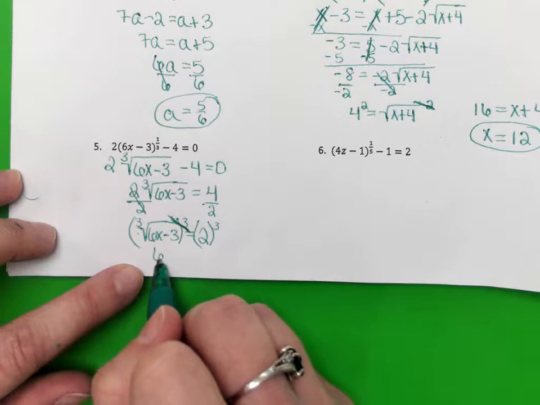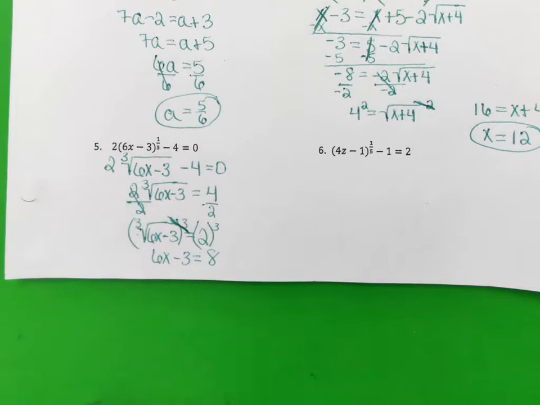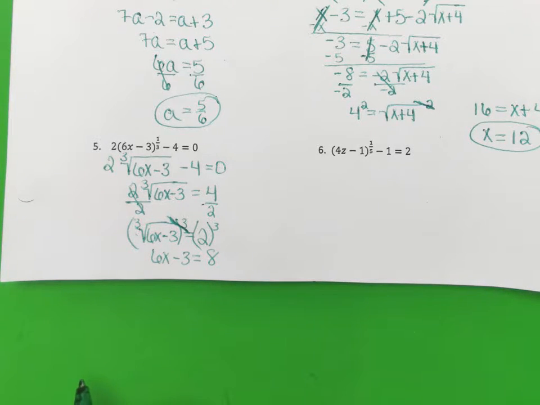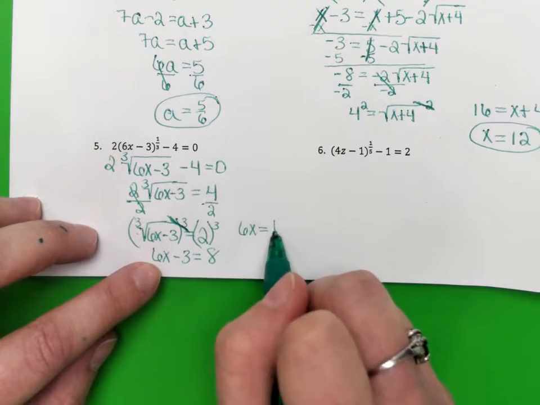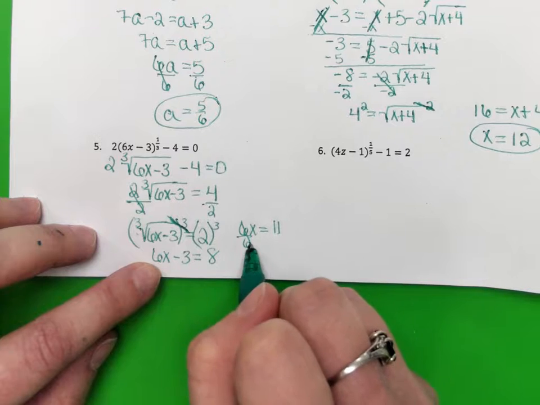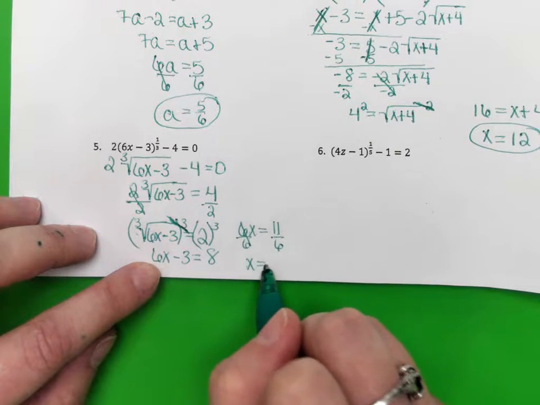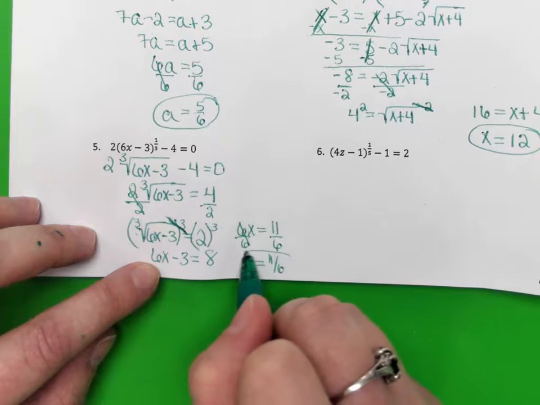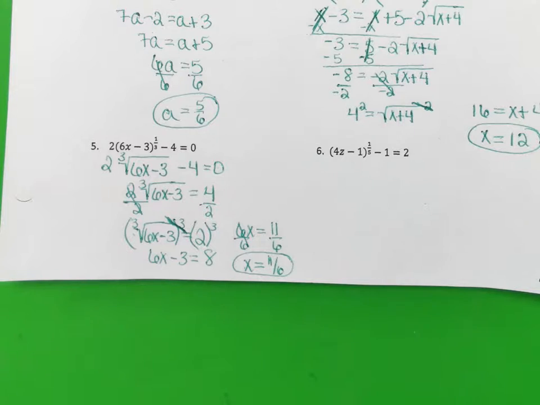So I have 6x minus 3 equals 8. All right, add your 3 over. So you would get 6x is equal to 11. Divide, and you just get a fraction. You're all okay? You could make that a mixed number if you wanted to.